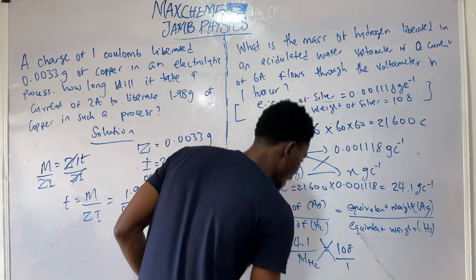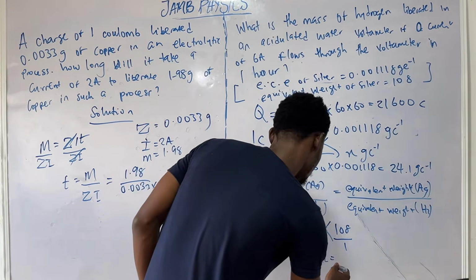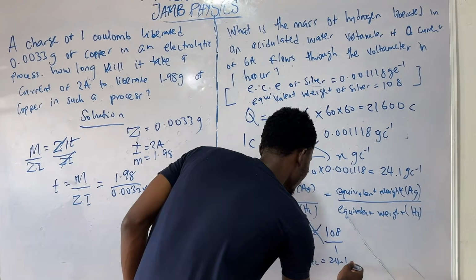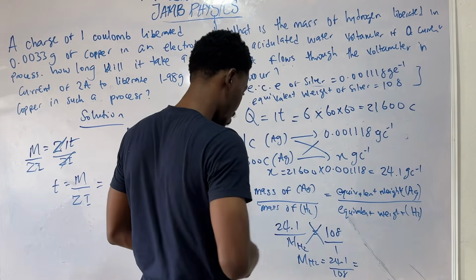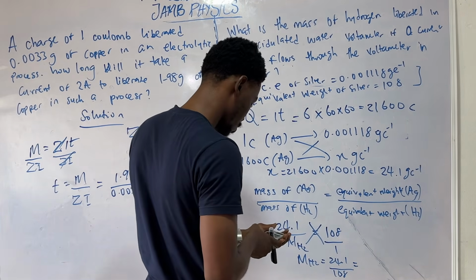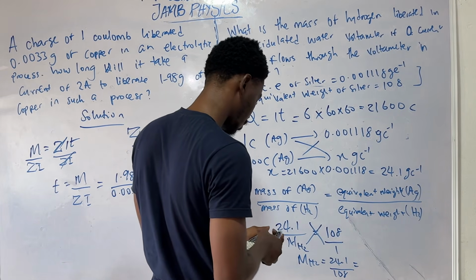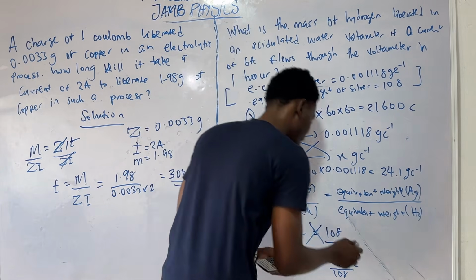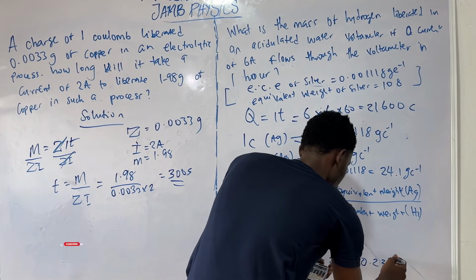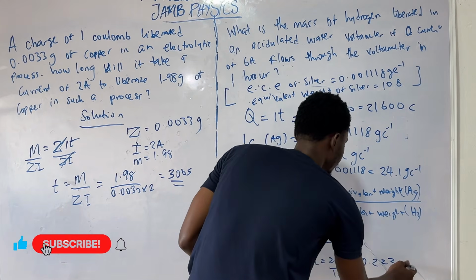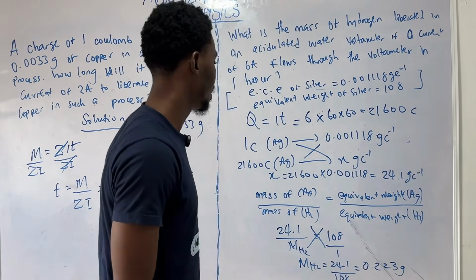So we cross multiply. The mass of H2 is equal to 24.1 divided by 108. Punching that into my calculator, that gives me a mass of 0.223 grams. That is the mass of hydrogen in this question.